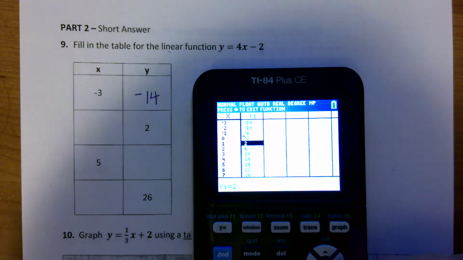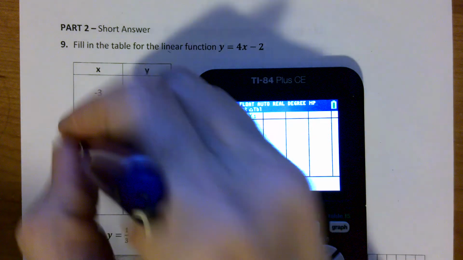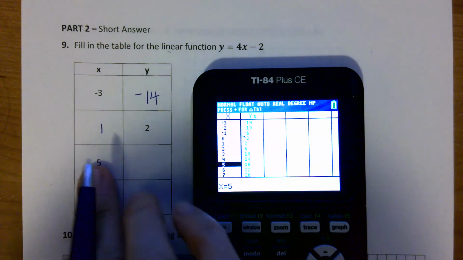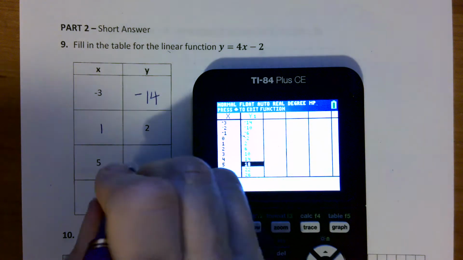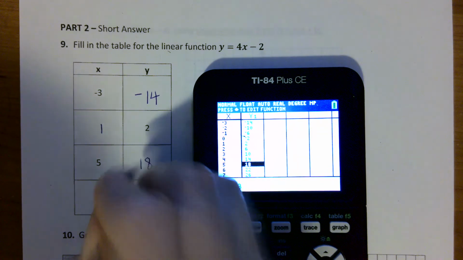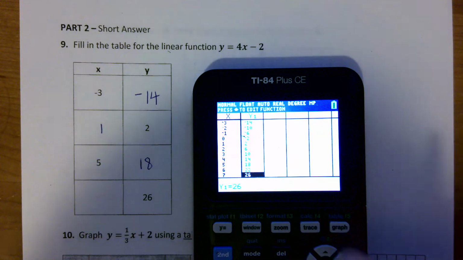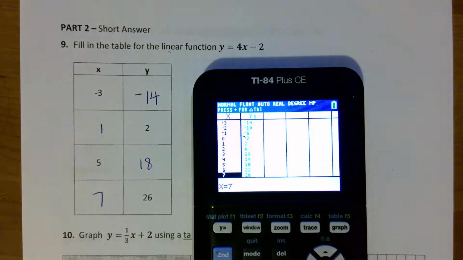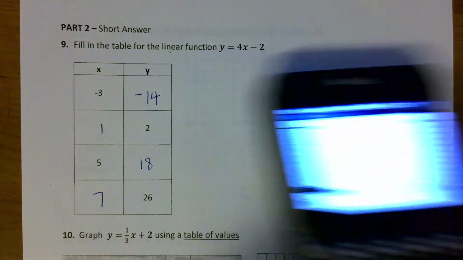Well, when y is 2, my x value is 1. When x is 5, my y value is 18. And when my y value is 26, my x value is 7. And the calculator is going to help you out a lot with that.